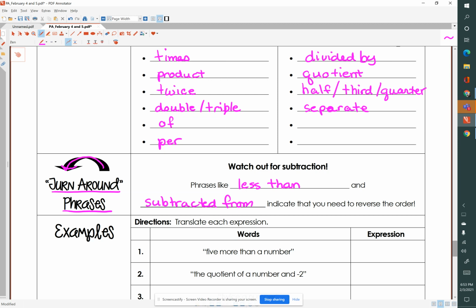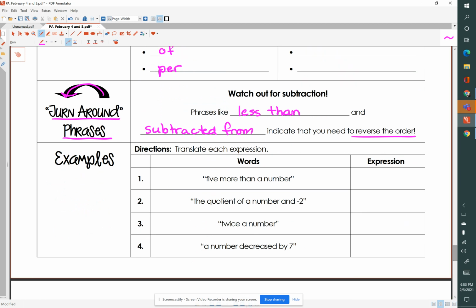And what that means is that we have to reverse the order of the values that are presented to us. So let's move on to the next part of our lesson. And what we are asked to do is to translate each expression. So we've got words that will be given and we'll translate it into a mathematical expression.